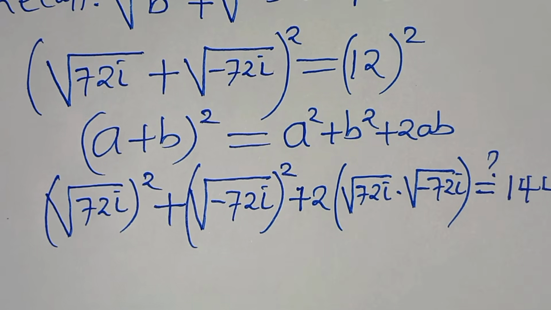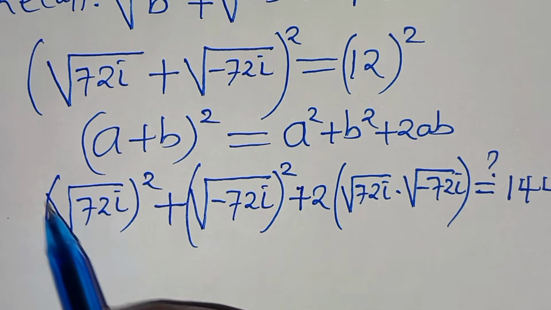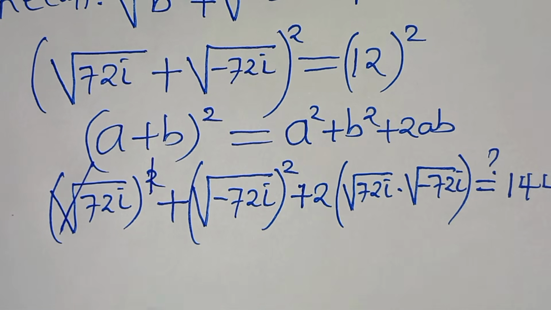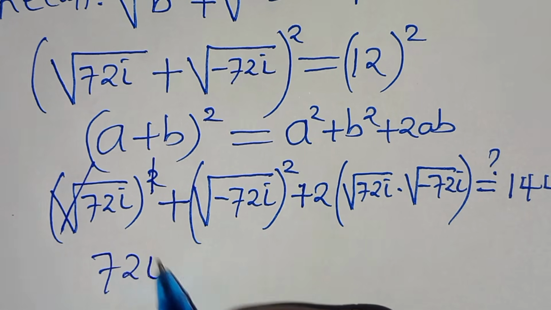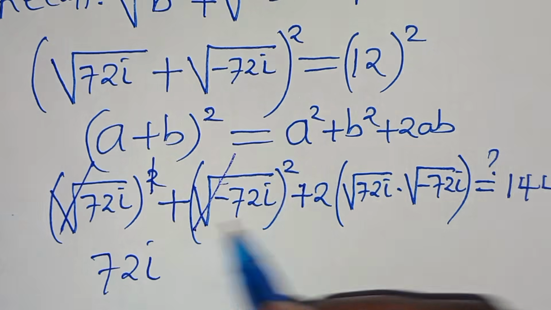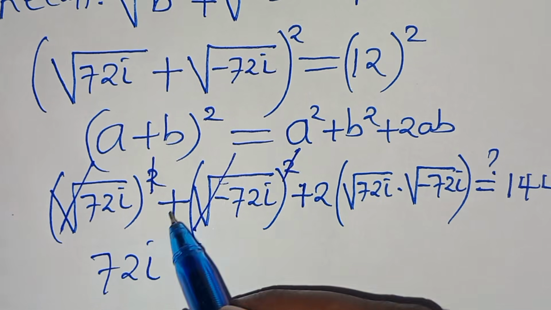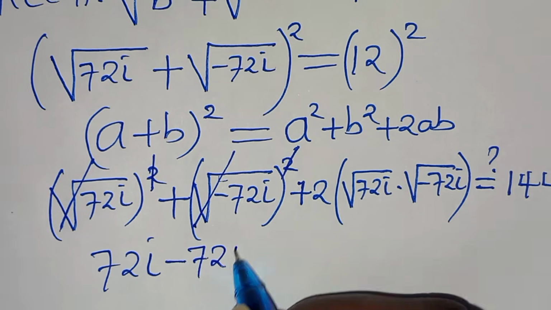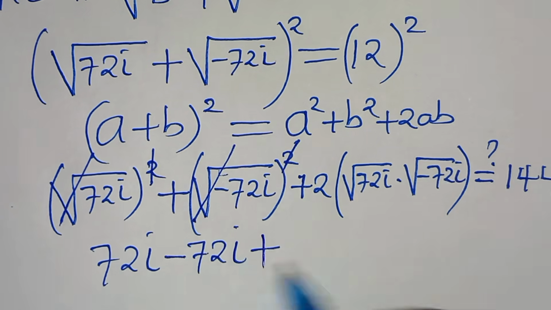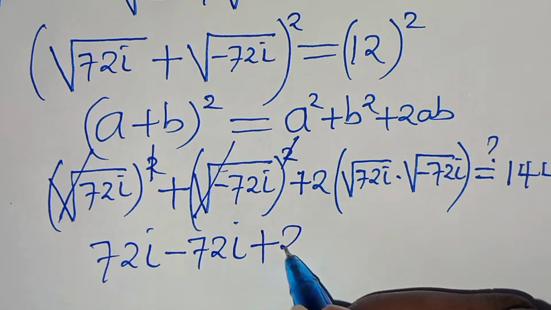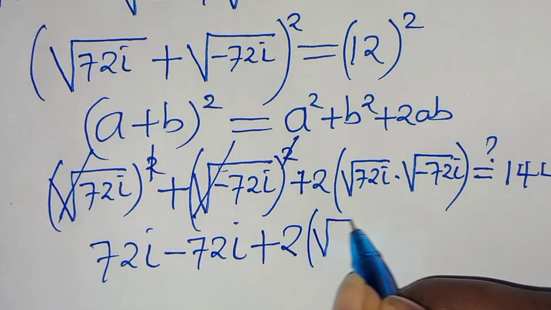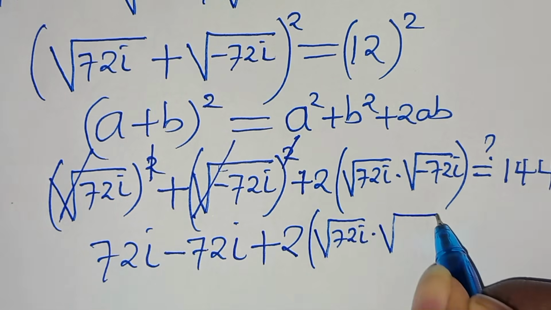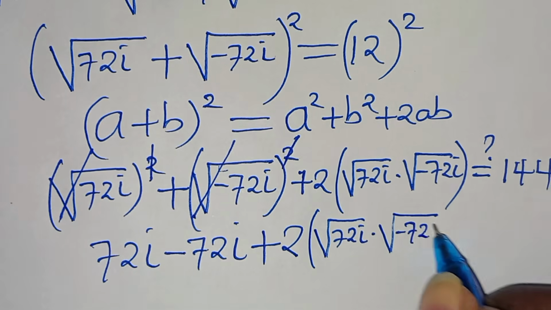Now, the next step is to eliminate the square root sign here. The square root of 72i squared means we eliminate the square root sign, so that we have 72i. Then again, we eliminate the square root sign here, so plus times minus 72i becomes minus 72i. Then plus 2 multiplied by the square root of 72i multiplied by the square root of minus 72i.